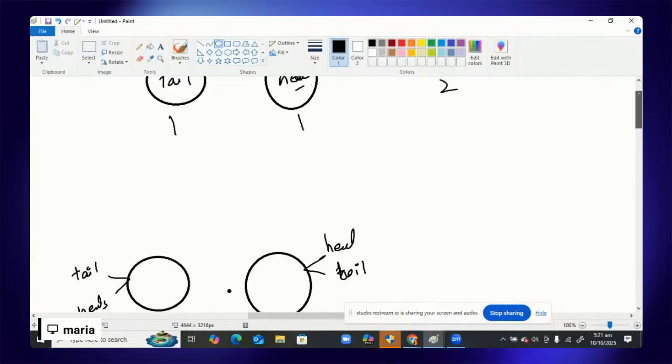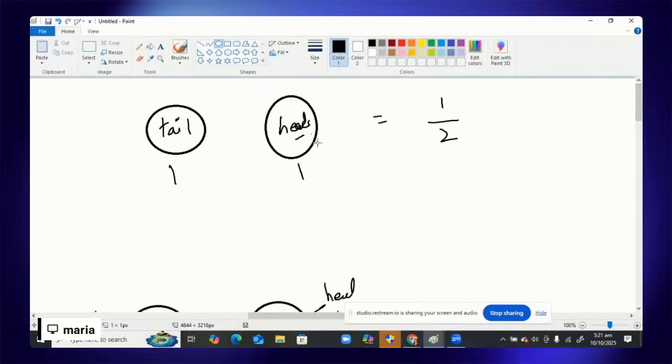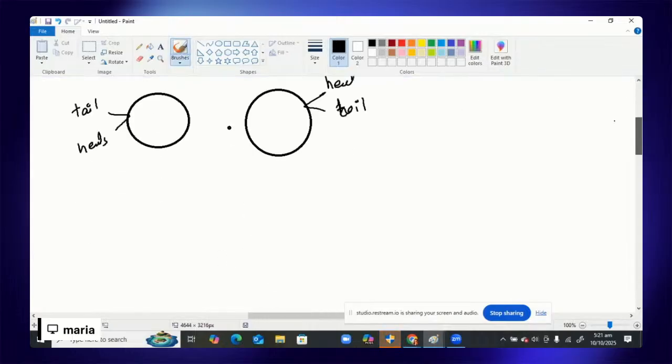Okay. First, I'm going to use this prediction. One is head, one is tail. My answer is 1 by 2 for one coin, 1 by 2 for another coin. So for both of them, it's 1 by 2 times 1 by 2. Top numbers multiply with each other, bottom numbers multiply with each other.